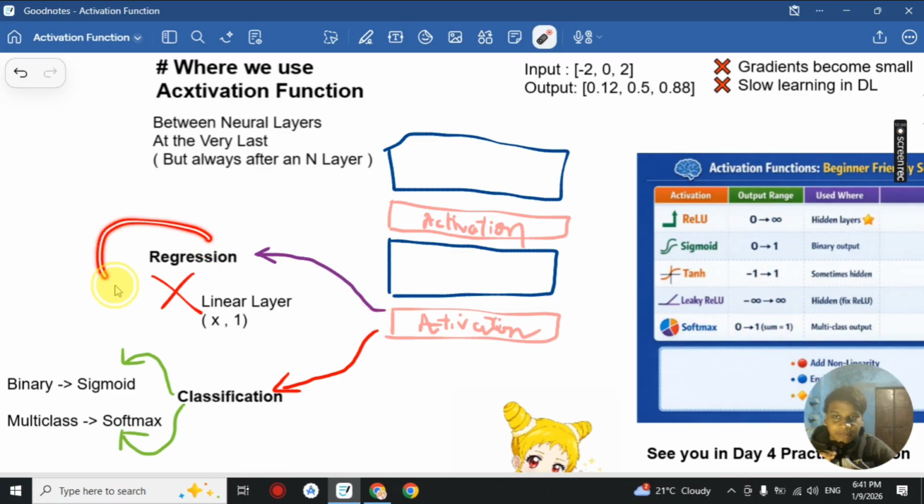For example, if it's a regression task, we never use an activation function. Instead we use a linear layer, which gives one output value. We talked about this in our previous video.